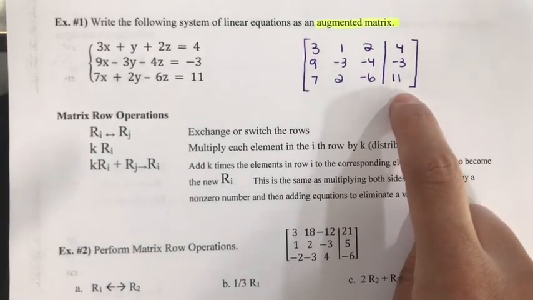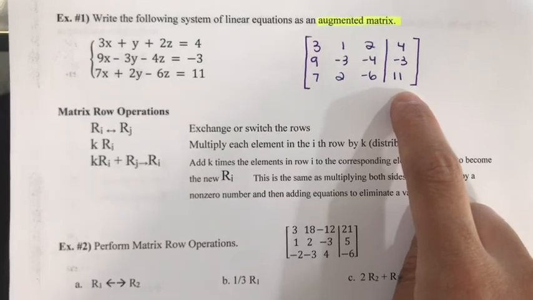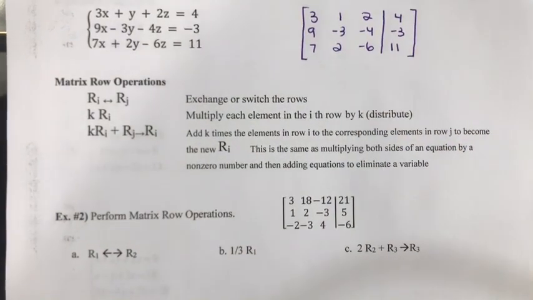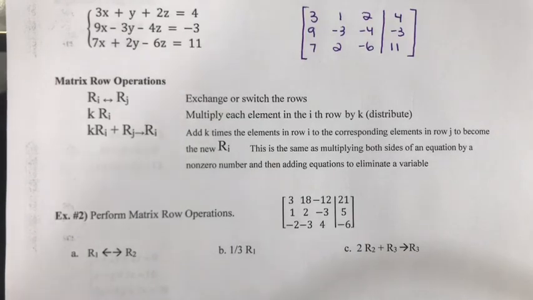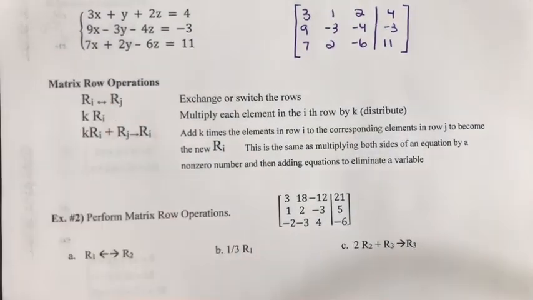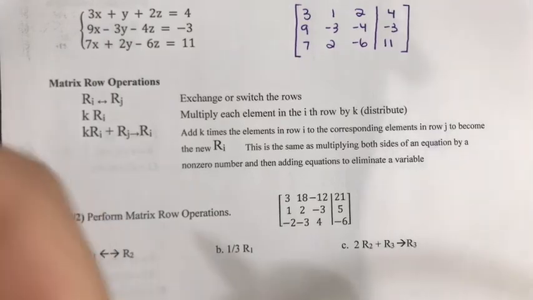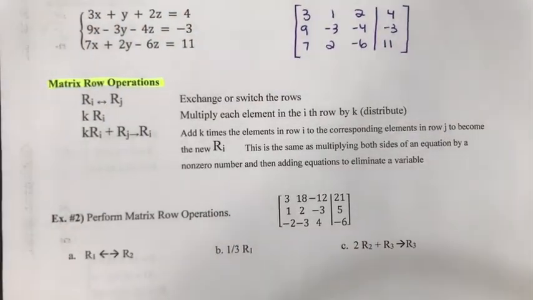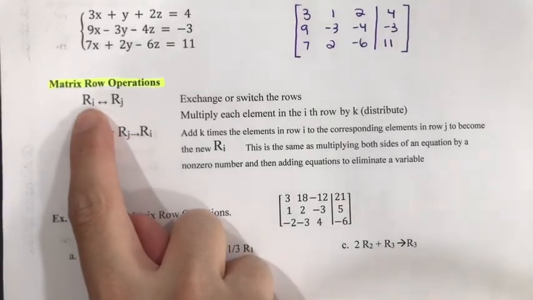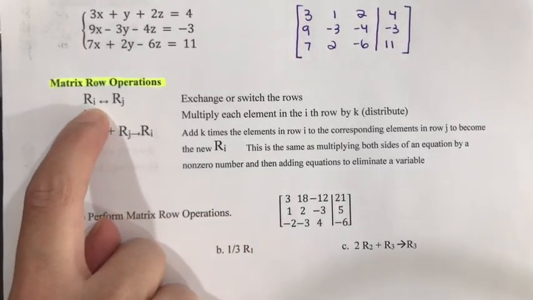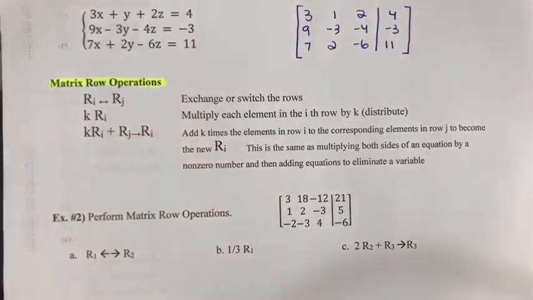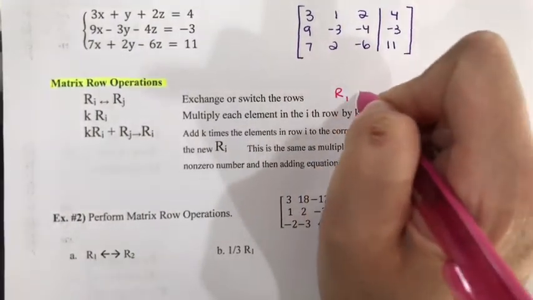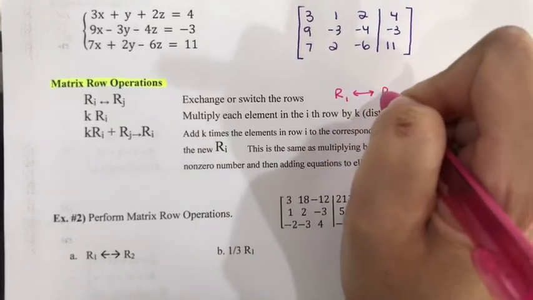Now before we get to actually solving, I want to talk a little bit about some more things that we can do within an augmented matrix, or really any matrix. So these are matrix row operations. When you see notation that looks like this, row i, row j, a lot of times you'll see numbers, for example, row 1 and row 2.